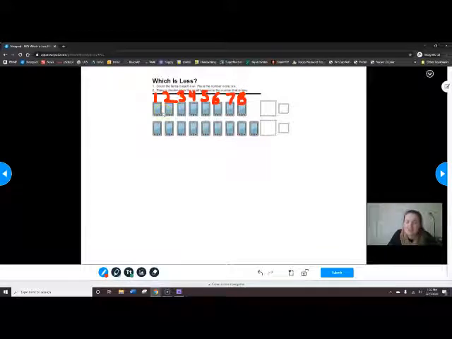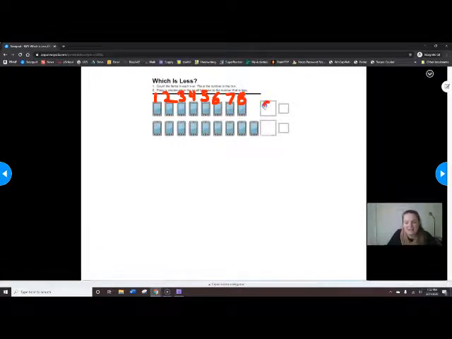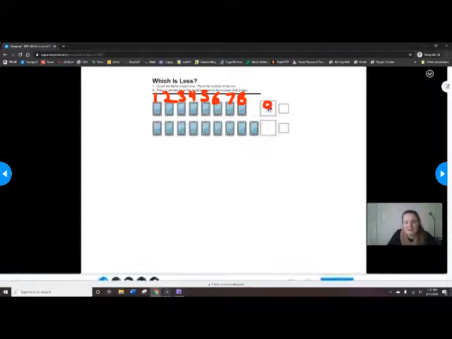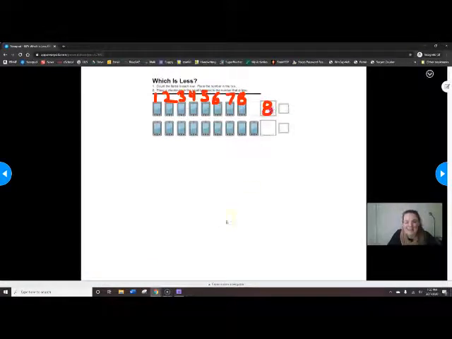The first row has 8 phones. Let's count together. 1, 2, 3, 4, 5, 6, 7, 8. The first row has 8 phones.